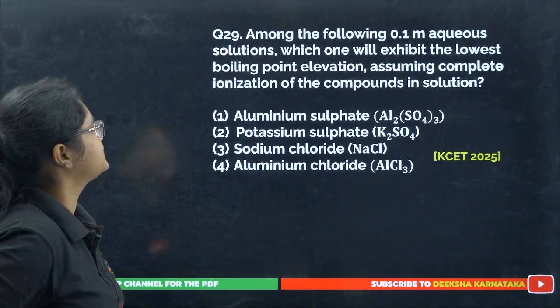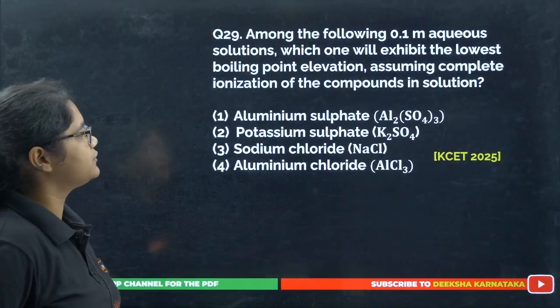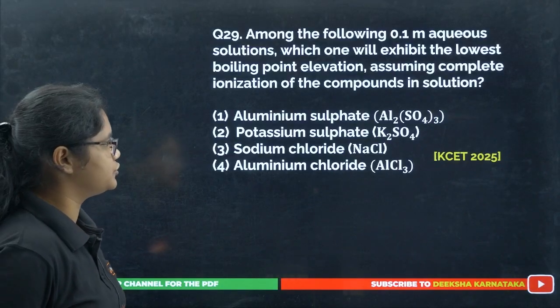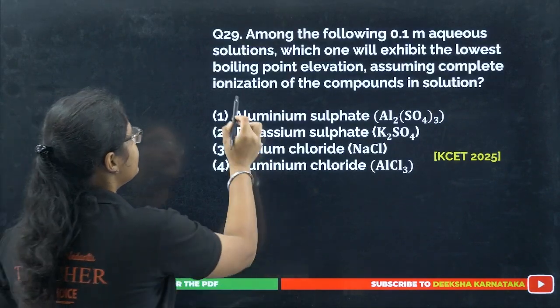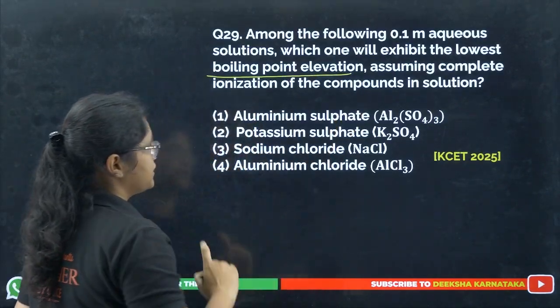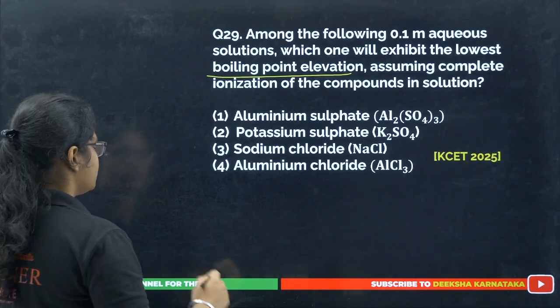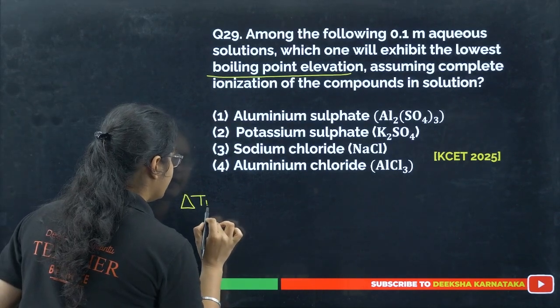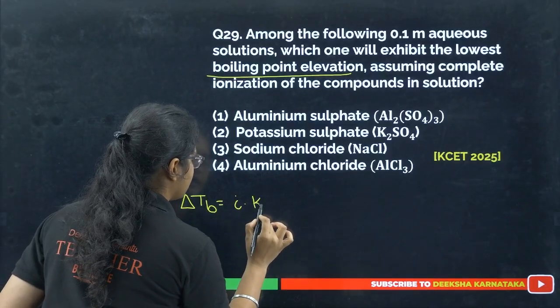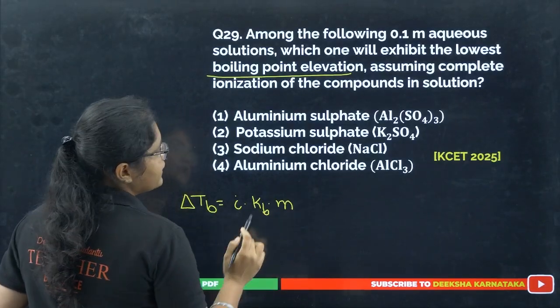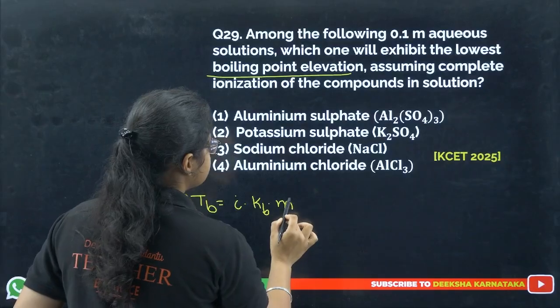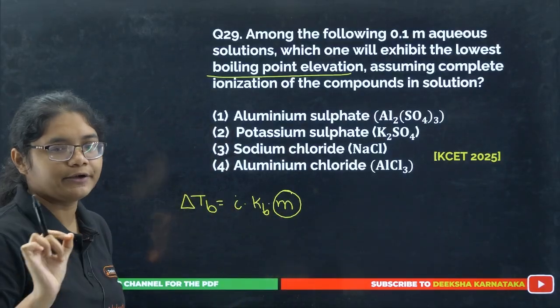Next question, among the following 0.1 m aqueous solution, which one will exhibit the lowest boiling point elevation assuming complete ionization? So lowest boiling point. So you have this one, delta TB is equal to I into KB into M. See, now all the solutions are having same molality, that is 0.1.